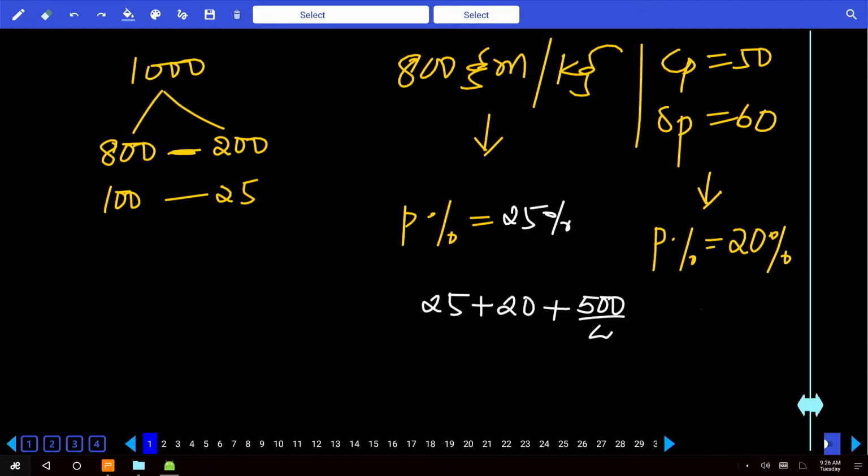You know? A plus B plus AB by 100. Correct. How much is this? Overall profit is 50%. So in this transaction, your overall profit is 50%. Got it?